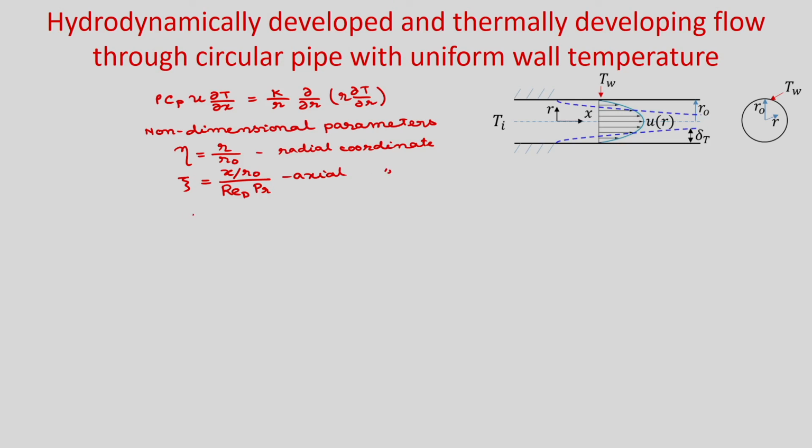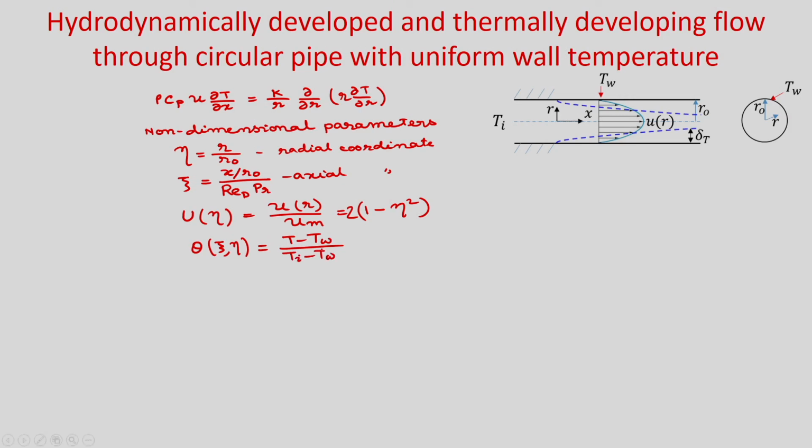So, we can write the velocity u by u m as 1 minus r square by r naught square, that means 1 minus eta square into 2, and we are defining the non-dimensional temperature theta, which is a function of xi and eta, as T minus T w divided by T I minus T w.